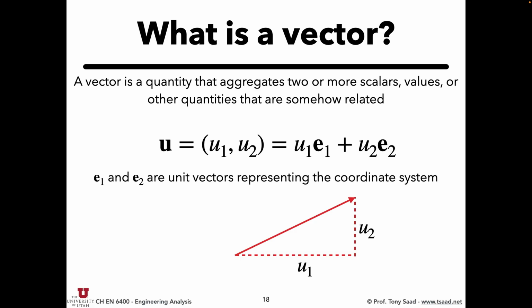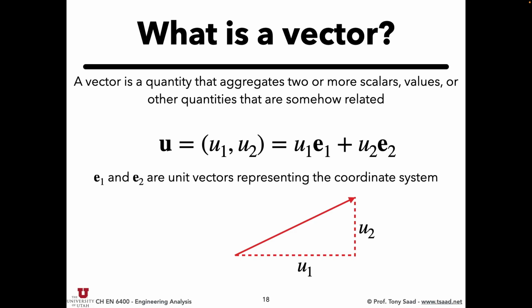And we describe them either as a row vector like this in parentheses, giving the component in each direction, or as a column vector, or the way I really like is using an algebraic way of writing this, where you put the first component times the first direction unit vector plus the second component times the unit vector in the second direction.